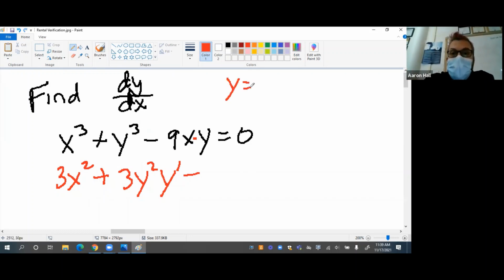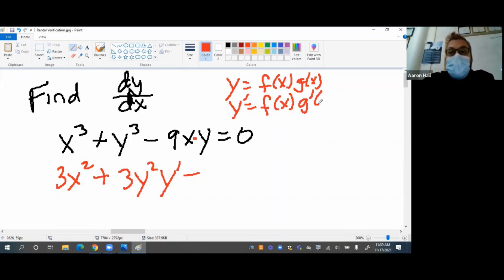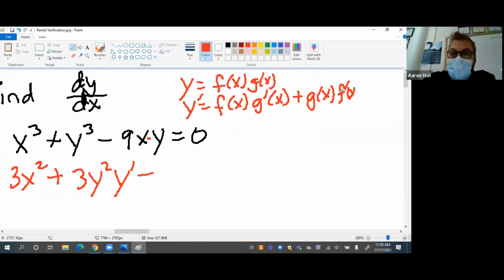If I have y equals f of x times g of x, then the product rule says that I rewrite this as our first function times the derivative of the second plus the second times the derivative of the first. So these are things we have to memorize. I suggest you add these to your flashcards. So we have this is our first function, and this is our second function.